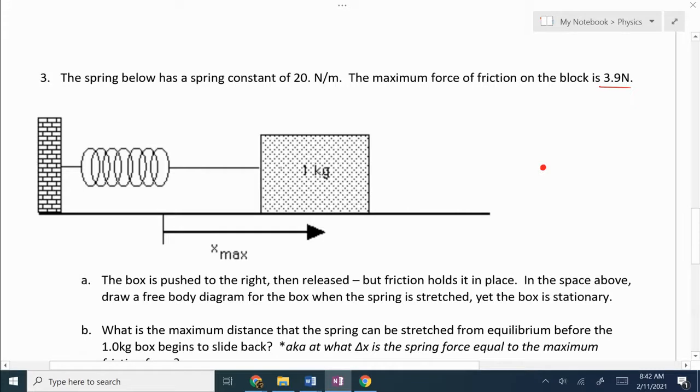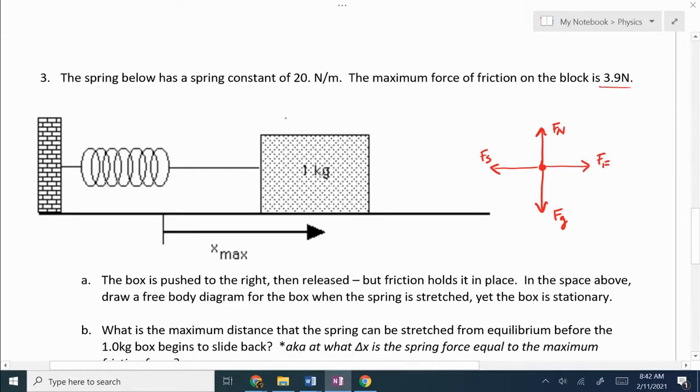Let's first draw the force diagram. We have the force of gravity, we have the normal force, we have the force of the spring, which is pulling to the left, and we have friction, which is going to resist that.